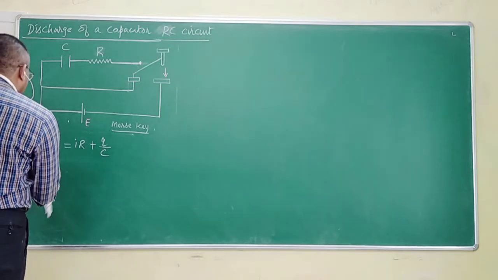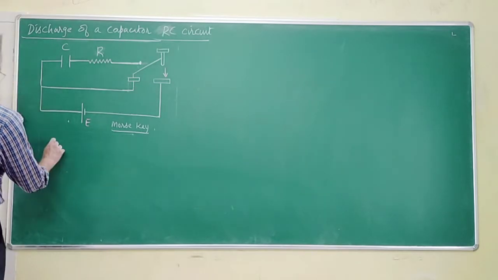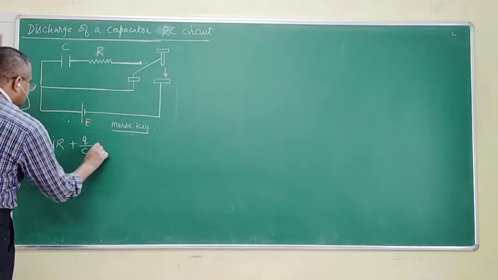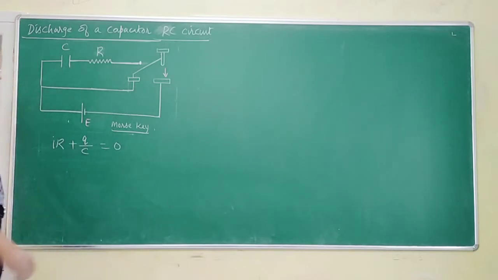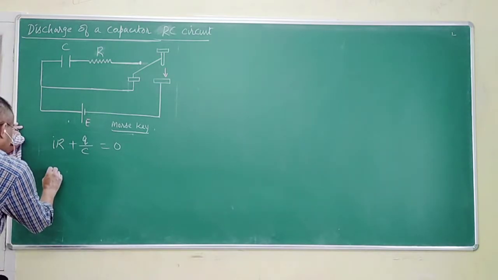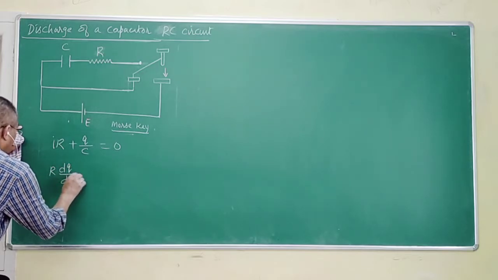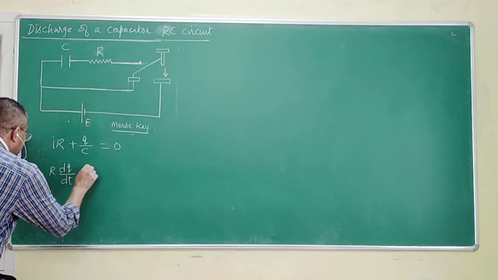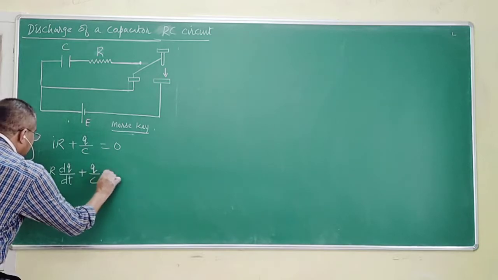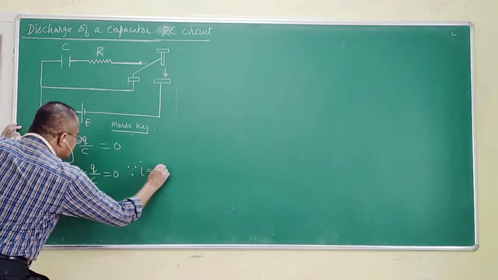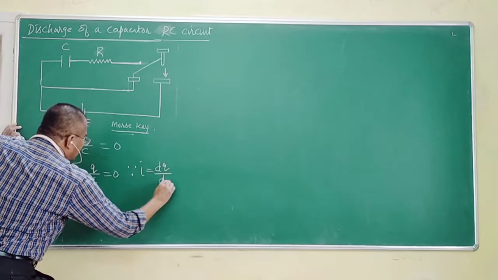Therefore, I can write IR plus Q by C is equal to 0. As simple as that. Now, I can change this as R dQ by dt plus Q by C is equal to 0, because I is dQ by dt.